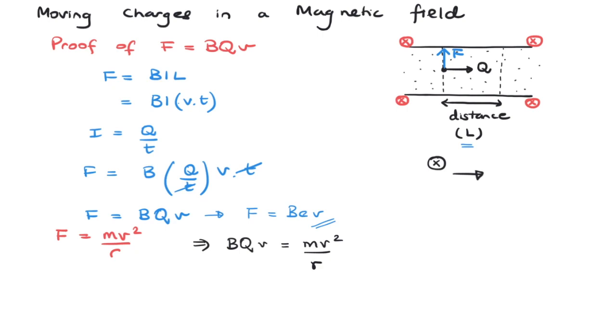BQV is equal to mv squared over r. So we can get a lot of relationships over here. We can firstly rewrite to cancel one of the v's, and we can say that r is equal to mv over BQ.